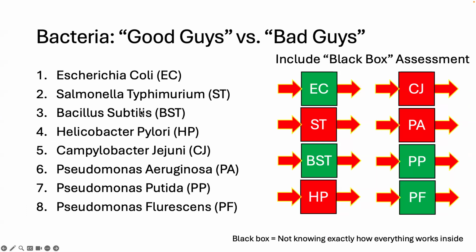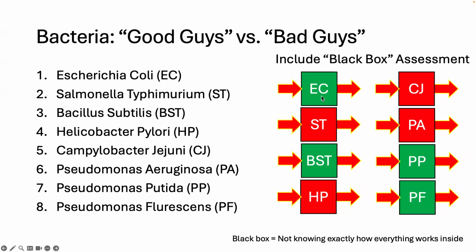So these are the 8 different bacteria, and I have this kind of rough good guy, bad guy comparison. And so it's roughly even, a balance between good guys and bad guys, if you will. But I also want to be thinking in terms of this system engineering type of perspective of what's called a black box assessment.